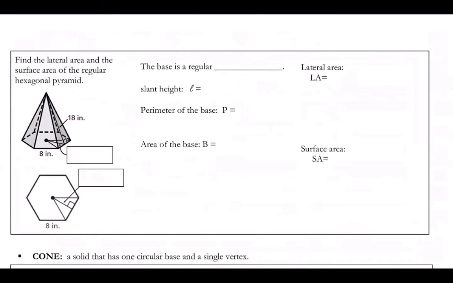Next example. Find the lateral area and the surface area of the regular hexagonal pyramid. Okay, so what they've given us in the picture is a side of the hexagon, and it's regular, and it's a hexagon. Okay, the base is a regular hexagon.